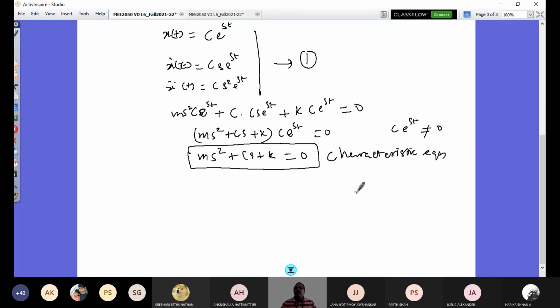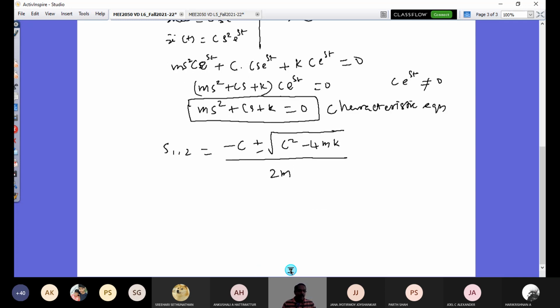It is a quadratic equation, so the roots s1, 2 can be written as minus b plus or minus the root of b squared minus 4ac, divided by 2a. That's minus c plus or minus the root of c squared minus 4 m k, divided by 2 m. Taking this 2m inside, it is going to be c by 2m plus or minus the root of c squared by 4m squared minus k by m. This is my roots s1, 2.